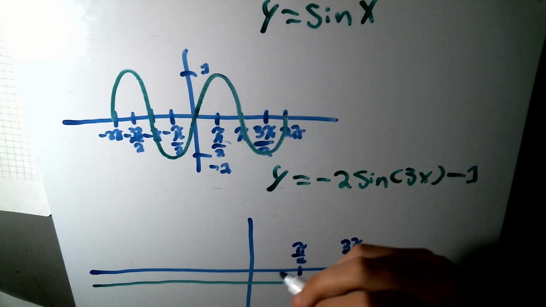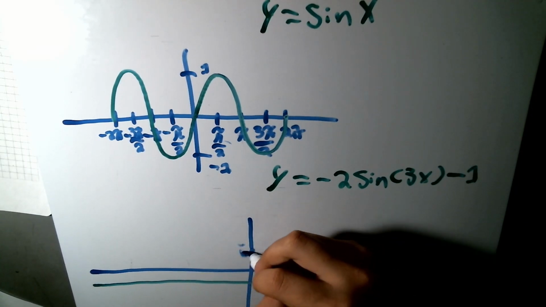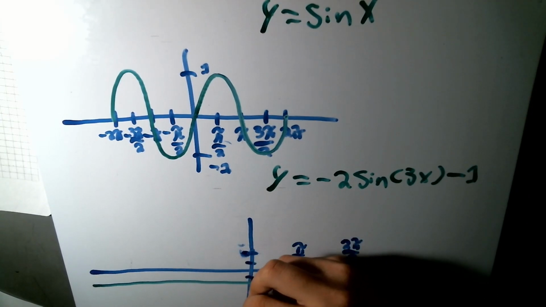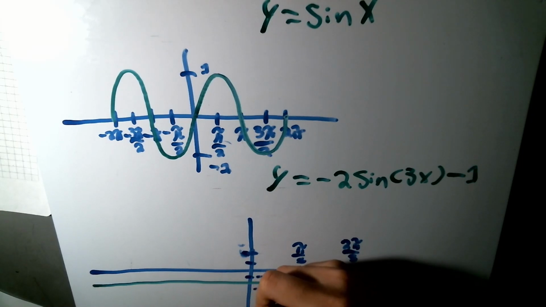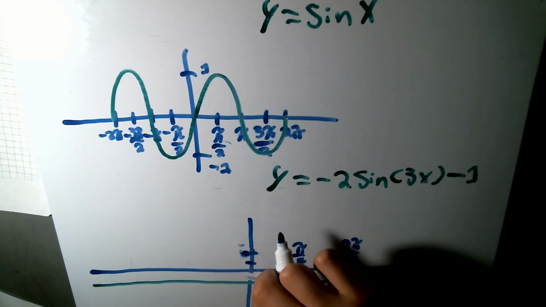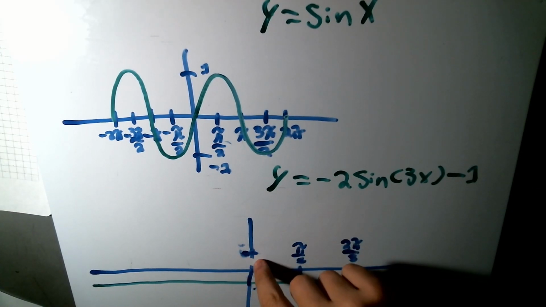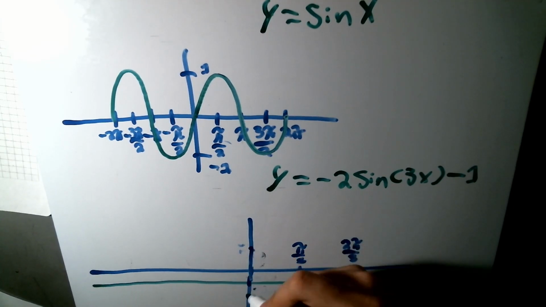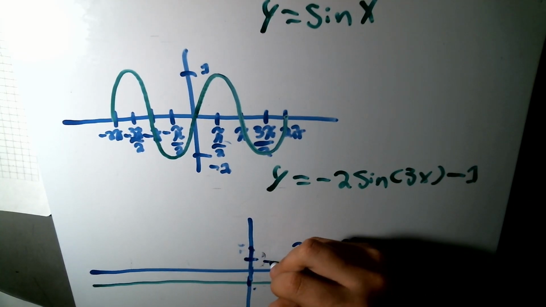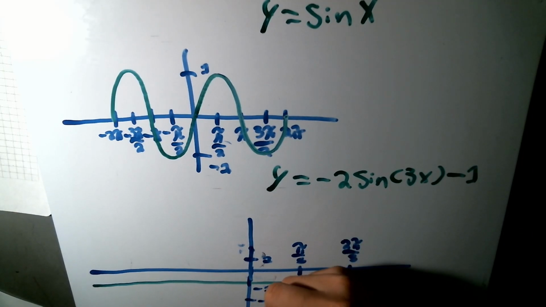I know it's not the best place to add them. 1, minus 1, and this is minus 2.